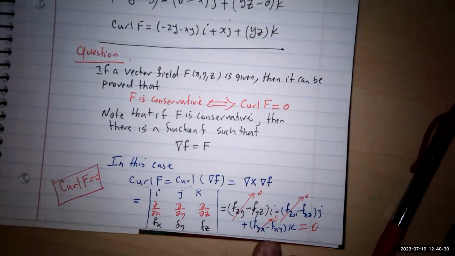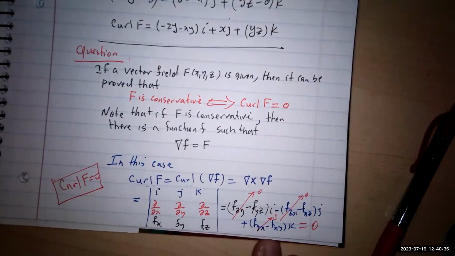This gives you the result. I'm going to write it as a theorem. I just wanted to say it so that you believe it. So for a vector field in R3, if you want to check whether it is conservative, you have to prove the curl is 0.